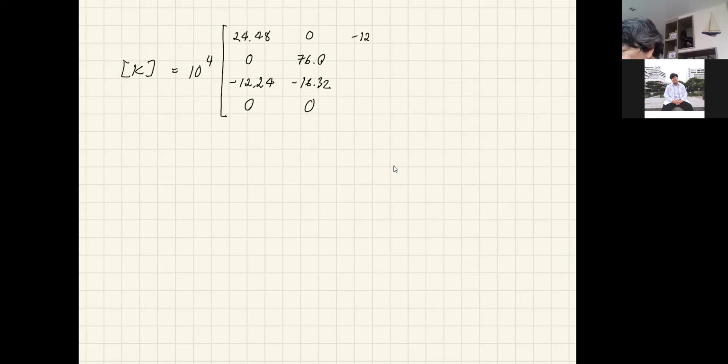Minus 12.24, and this should be minus 16.32, yes. The third one will be different.